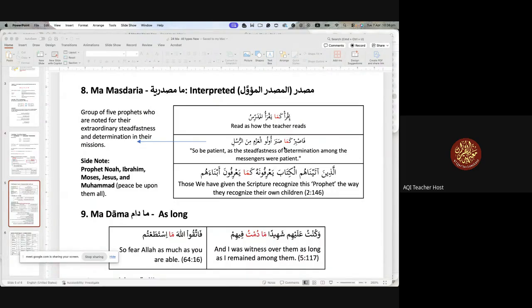This is called by another name, let us try to remember that: clause. It's an English terminology, and it's a good one. It is neither a phrase nor a jumla, neither a phrase nor a sentence, but in between. And most of the clauses I have seen explained so far start with an. This is just extra for you.